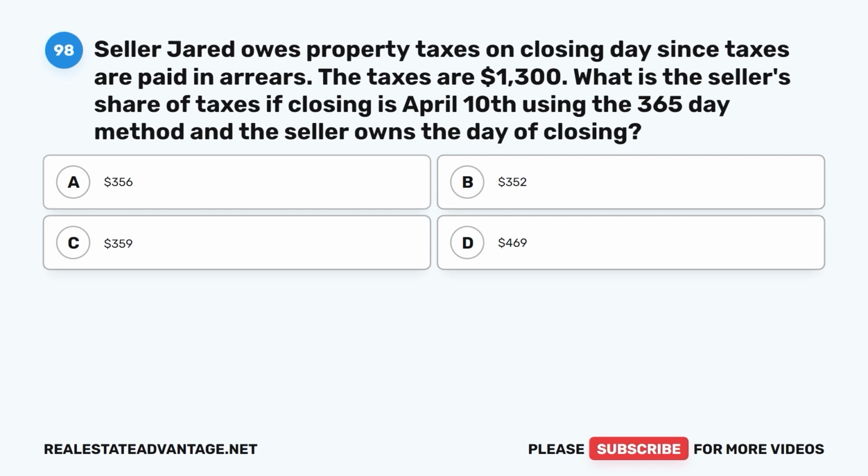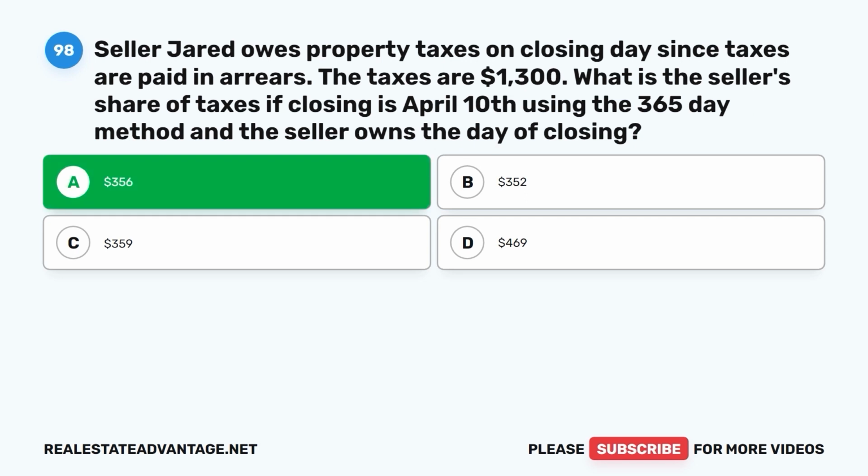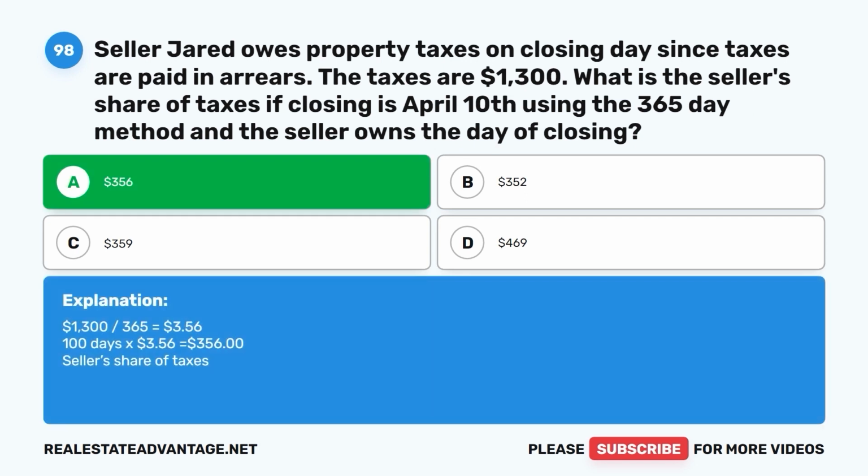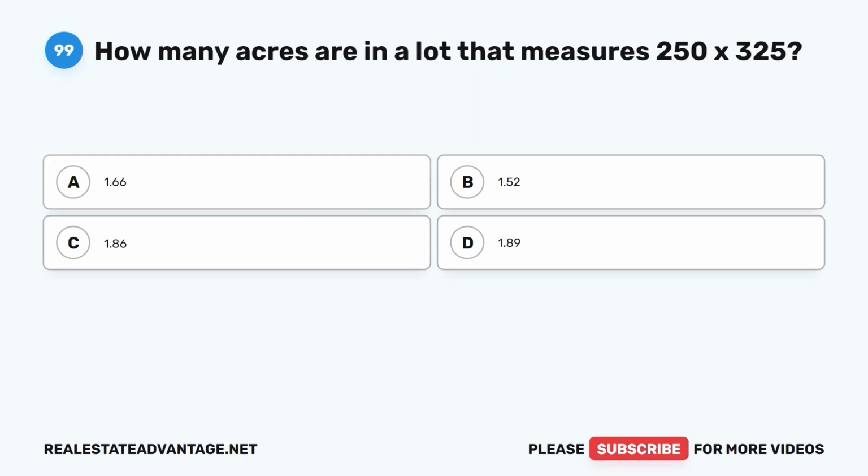D. $469. The correct answer is A. $356. $1,300 divided by 365 equals $3.56. 100 days times $3.56 equals $356, the seller's share of taxes.